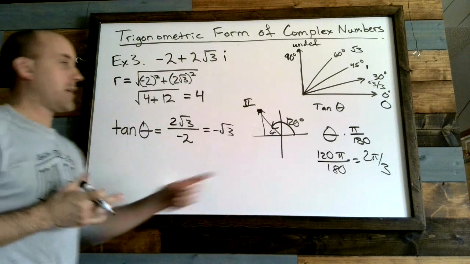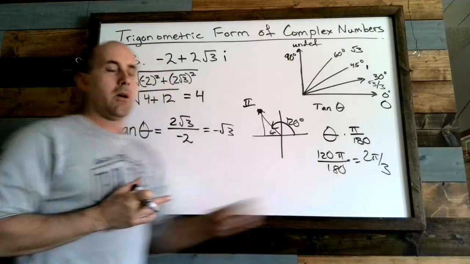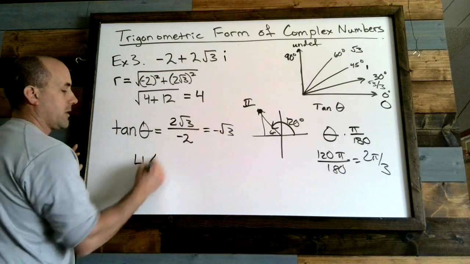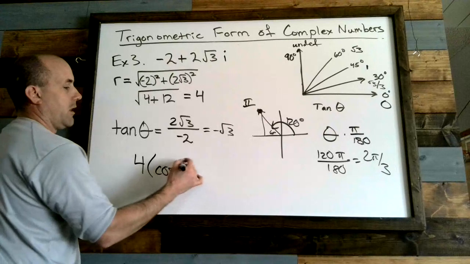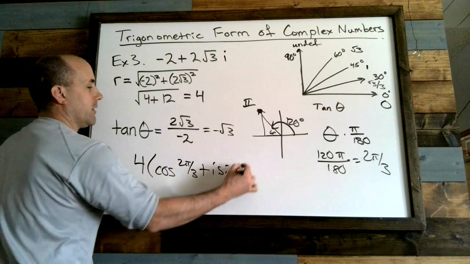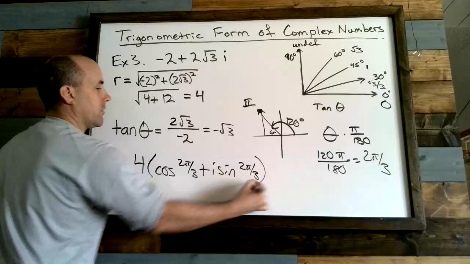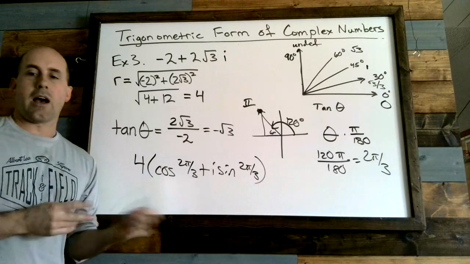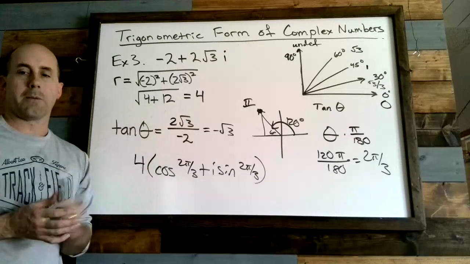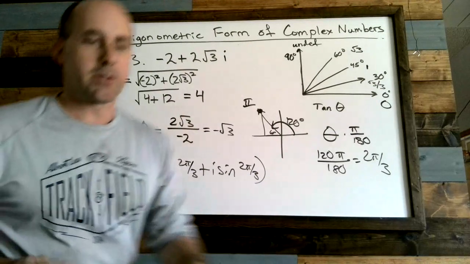So we've got our theta value, 2 pi over 3, and our r value, 4. So we have 4 times the cosine of 2 pi over 3 plus i sine of 2 pi over 3. That is our trigonometric form of that complex number. Okay, 2 more examples.